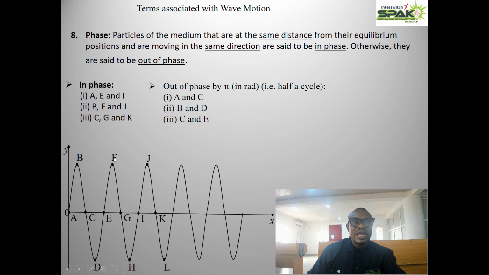The lines drawn straight like this are referred to as the wave fronts. Then all the particles on these wave fronts are said to be in phase. Let me take that again. It can be somehow tricky, difficult to understand.